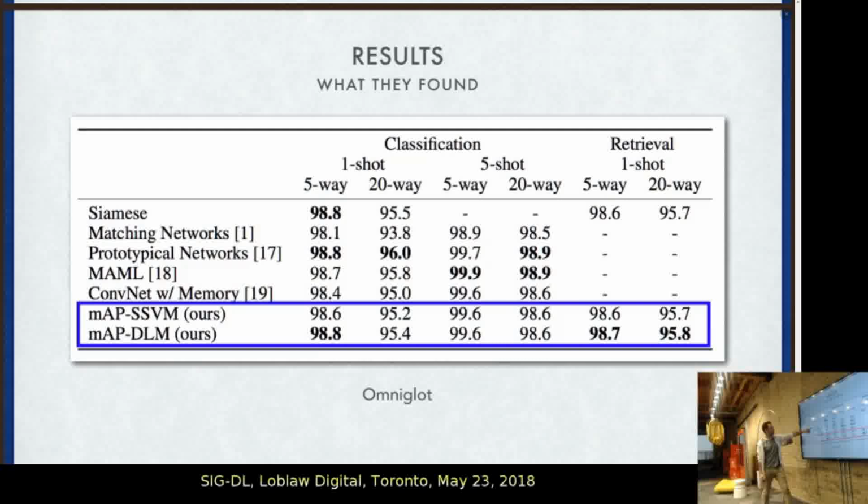The matching networks, they beat by a little bit. And there was the other one that I don't remember, but they beat that one too. They also create something new that they call retrieval, that is how good you were at ranking. There isn't something like that before, so this is the first time a score like this shows up.